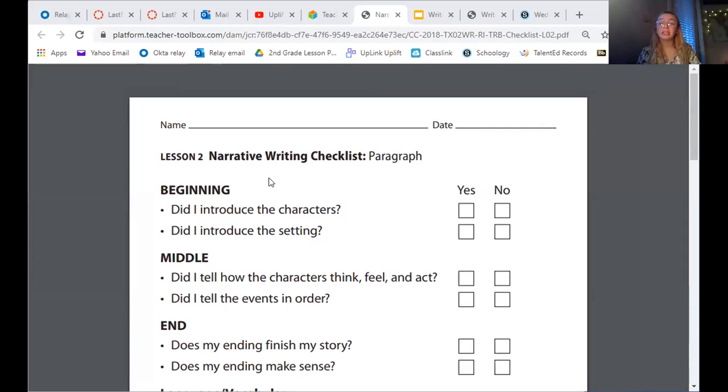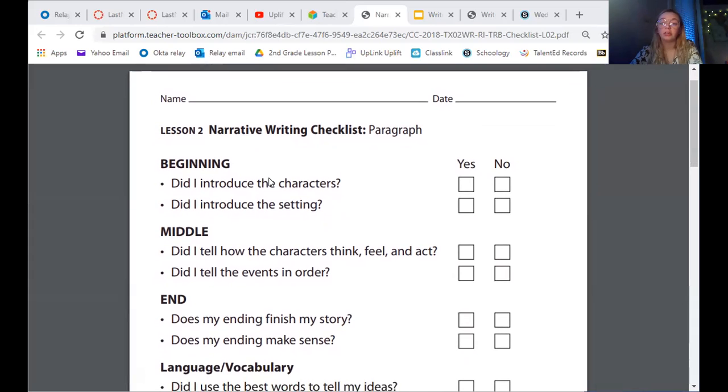Take a look at your beginning on page 64. And you can pause this video as we go throughout and check off in your head that you've done everything correctly. In your beginning, did I introduce the characters? Okay, so look at your book, page 64, where you copied your beginning. Did you write about the characters? Yes or no? Did I introduce the setting?